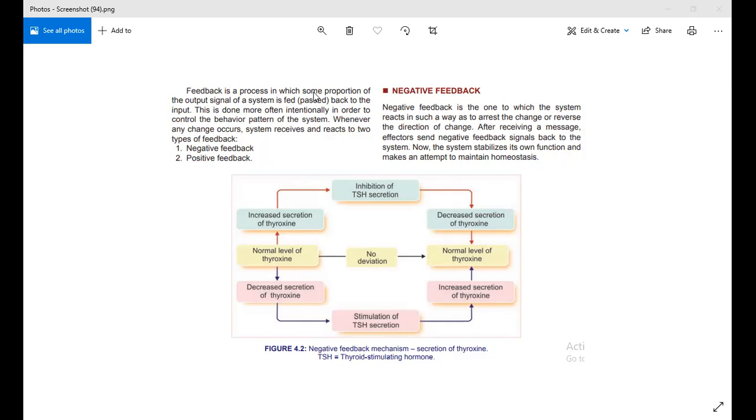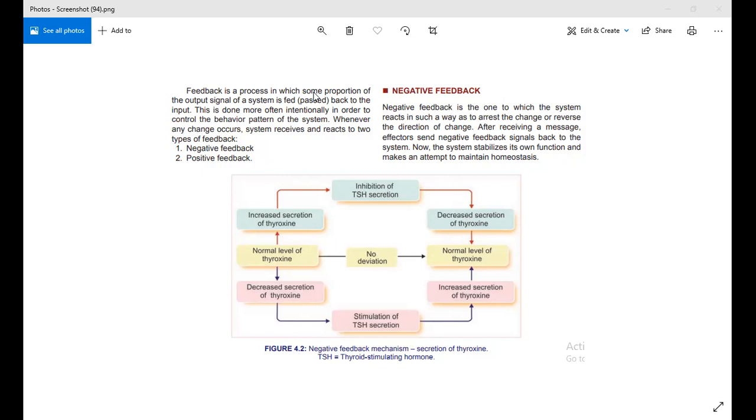Why? Because when detectors detect something, they send messages to controllers, and the controllers send messages to effectors, and then effectors react to bring about a certain change, which is the output. But that output must be communicated back to the initial inputs, either to the control center or to the effector.